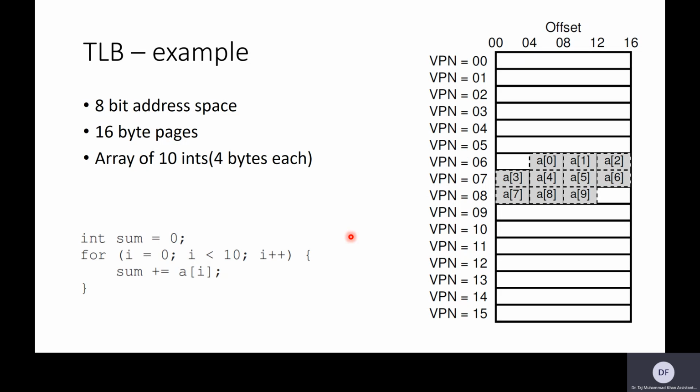Now, what are TLBs? If you remember, the problem with paging was that paging was too slow. It was making the performance of our programs too slow because for every memory access, we had to access the memory twice. Once to access a page table because we needed the page frame number to convert the virtual address to physical address.